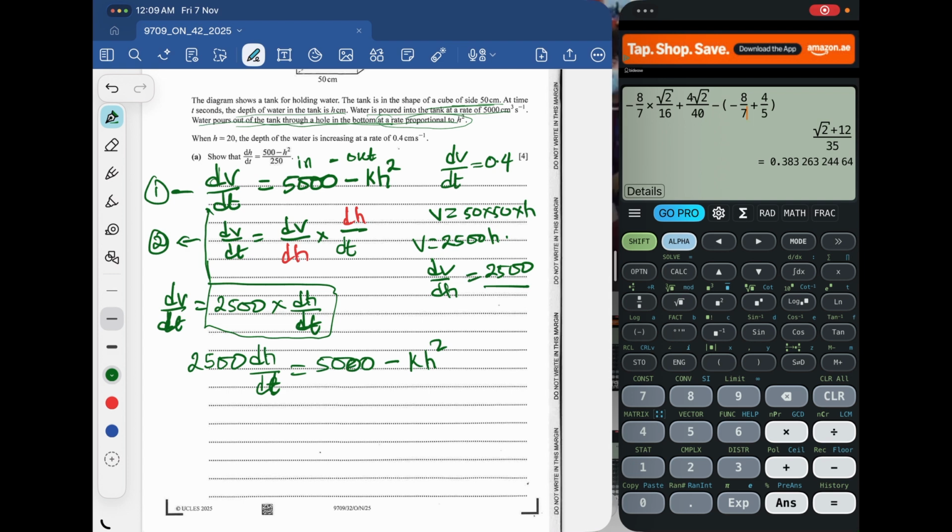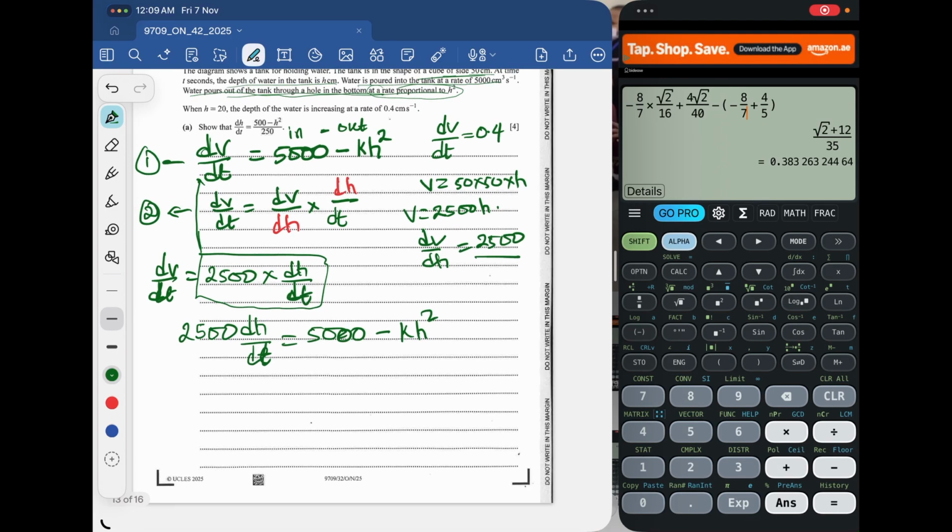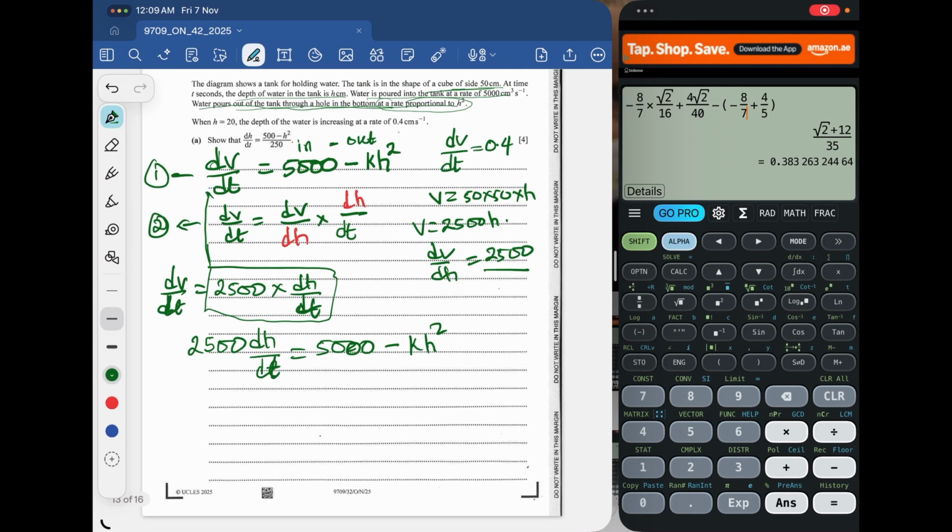So we can do dh by dt. Sorry, this is dh by dt. So 2500 times 0.4 equals 5000 minus k h squared.